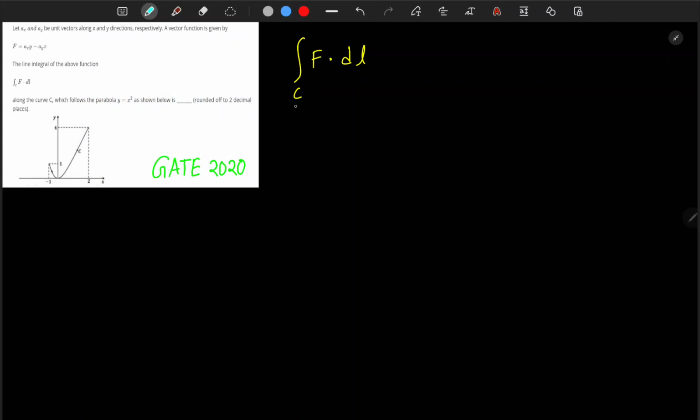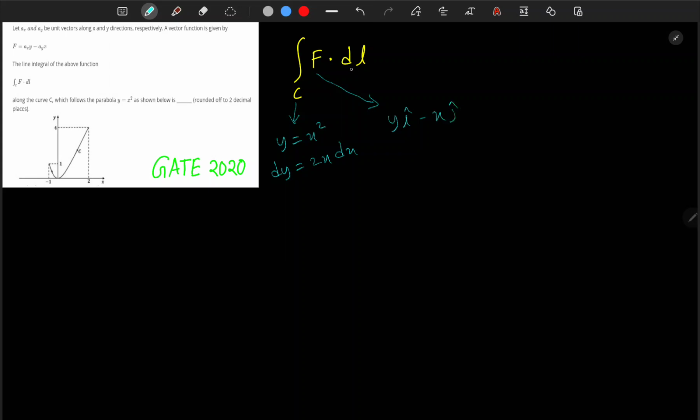This is basically y equals x square, therefore we can write dy equals 2x dx. And what is this F, we can write it as y i cap minus x j cap.